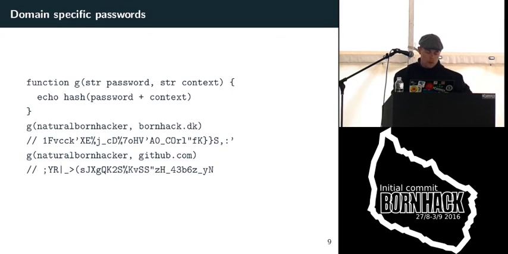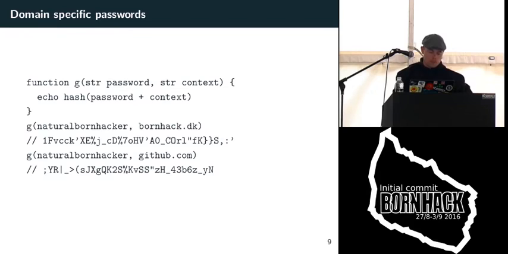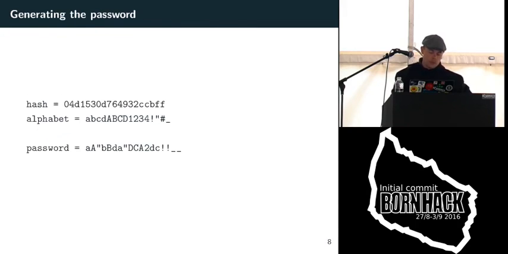Then next, moreover, we don't want to reuse our passwords all the time. So this is a simple method to create a password, but you would also like to have different passwords for different sites, for instance.